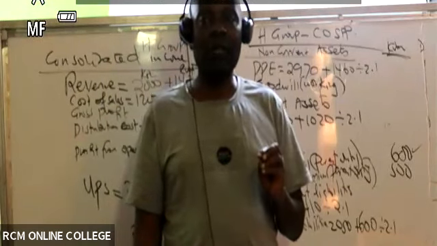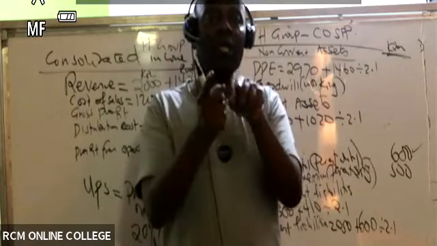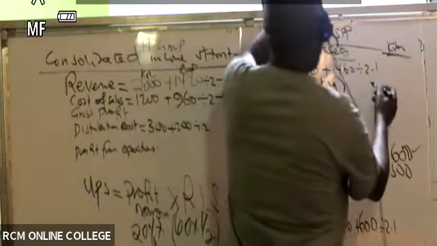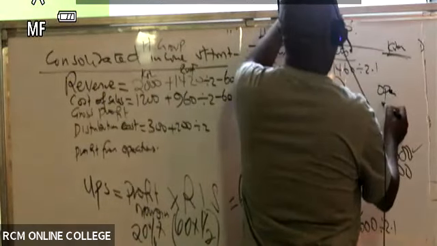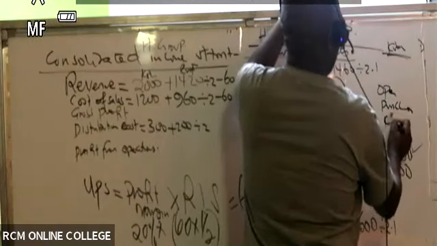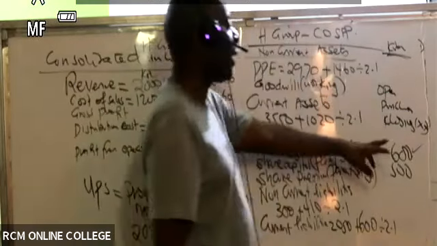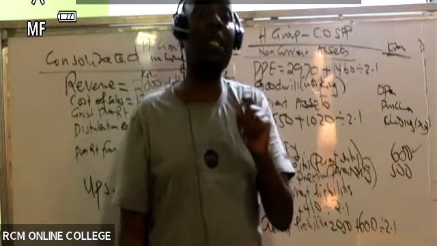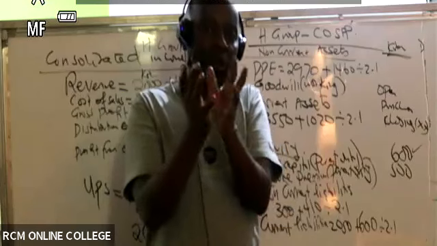Whenever you have UPS, what does it mean? That the inventory is overstated. Cost of sales is opening stock plus purchases minus closing inventory. So whenever closing stock is overstated and I'm subtracting it, then my cost of sales is understated because I've overstated stock.